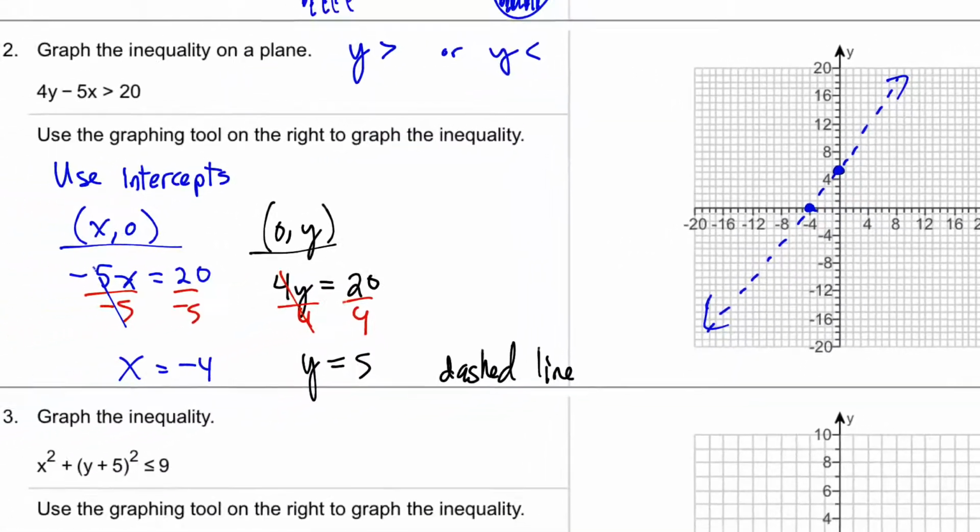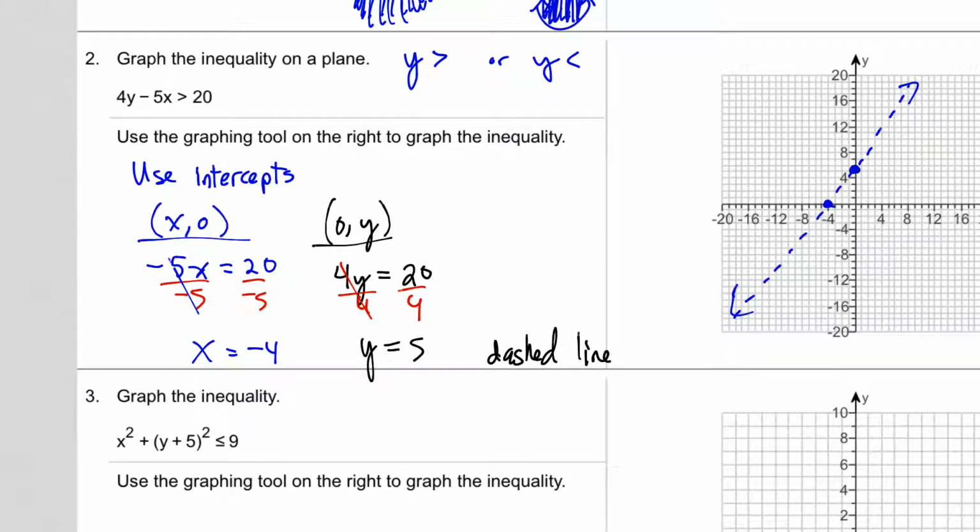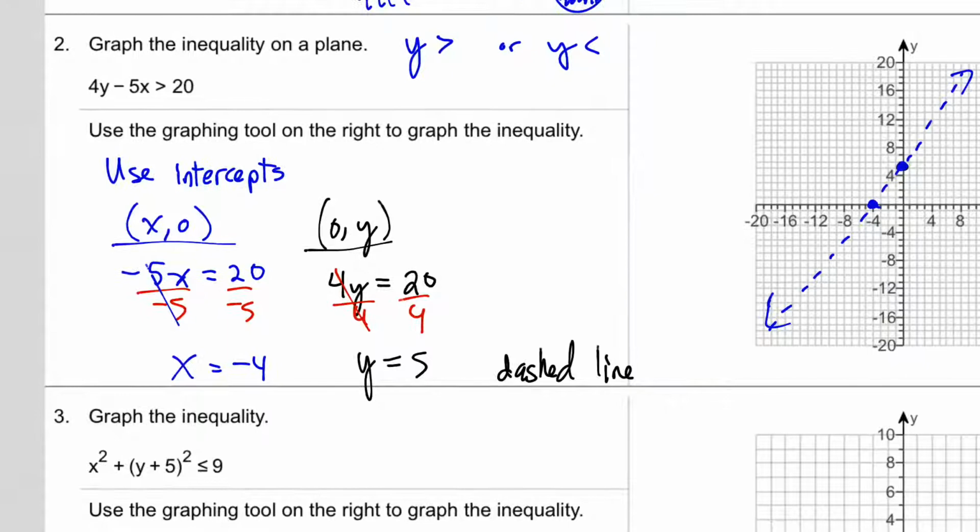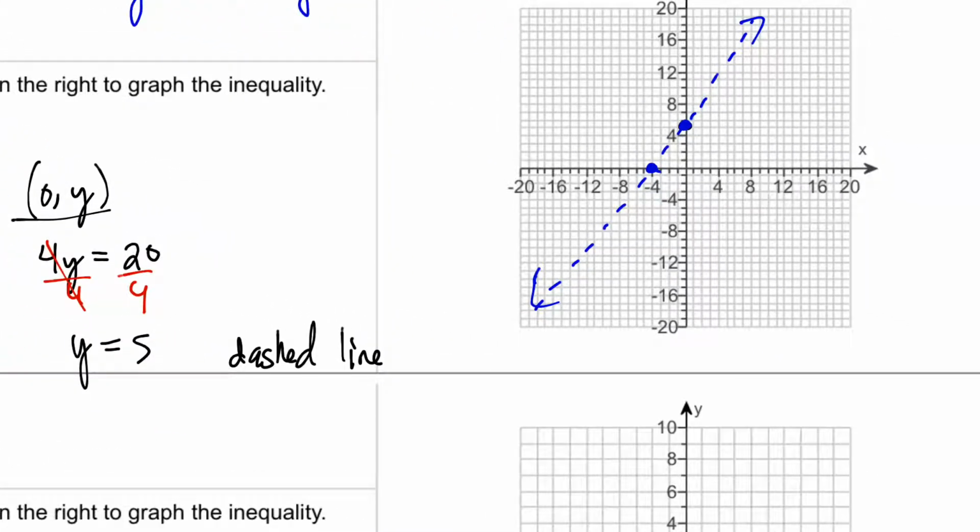Now, since we don't have y by itself, we don't know if it's less than or greater than, but we can do a test point. The easiest point to test will be 0, 0. If we get a true for our test point 0, 0, then we're going to shade below the line. If we get a false for 0, 0, we're going to shade above the line.